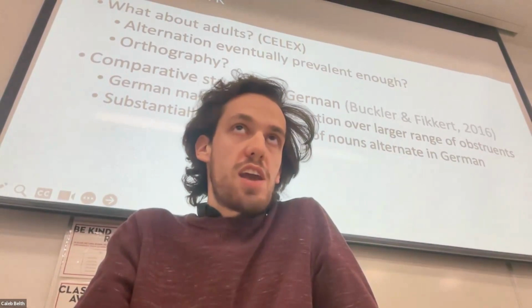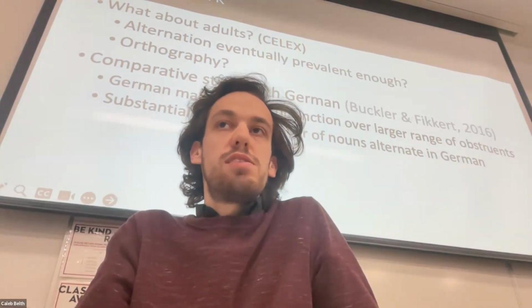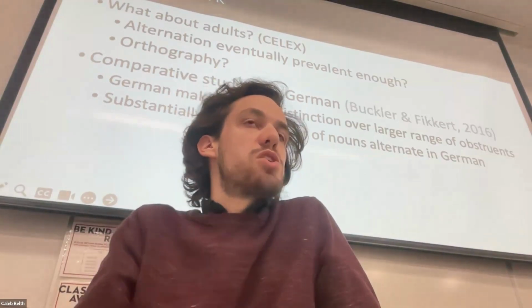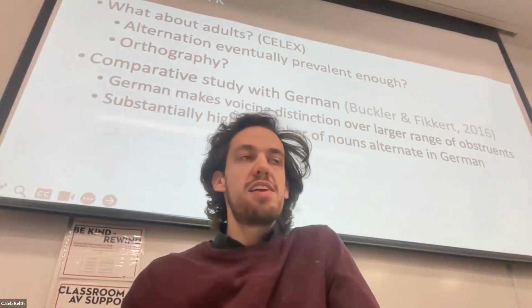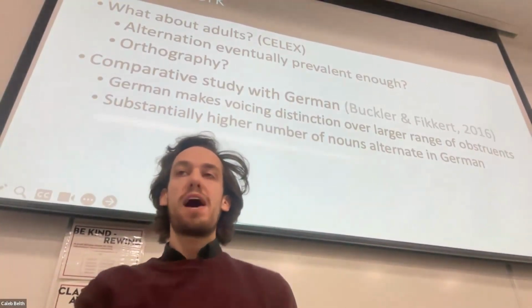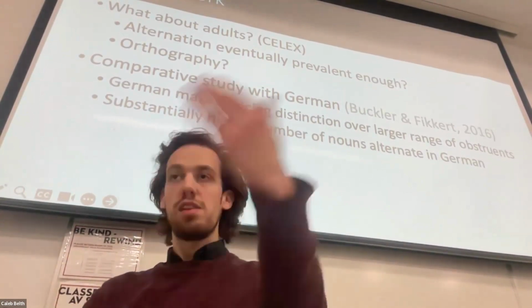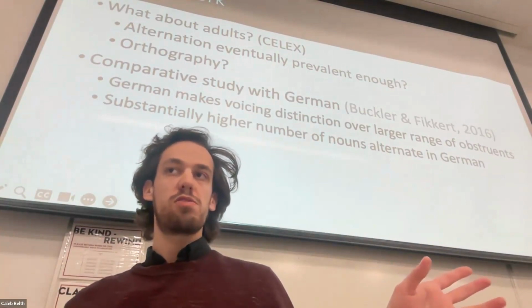Then at some stage add -d becomes productive, at which point you overgeneralize because you have a rule now. And then you have to backtrack and learn all of the exceptions lexicalized. So I think it's fully consistent with this.